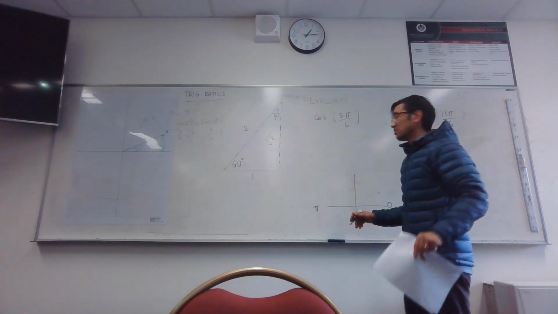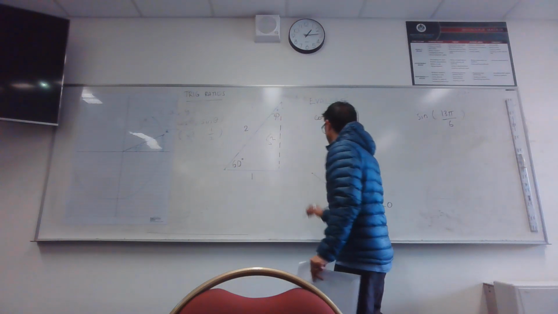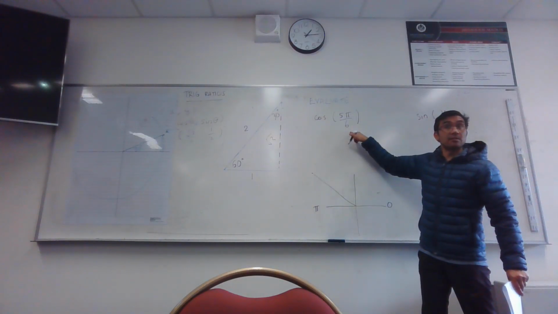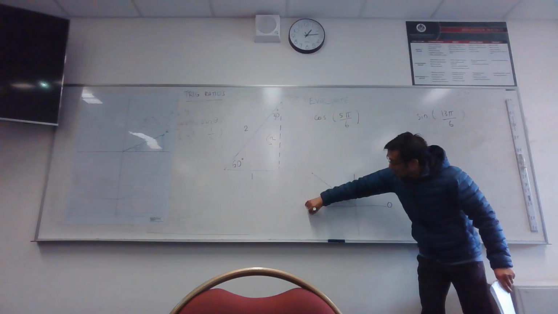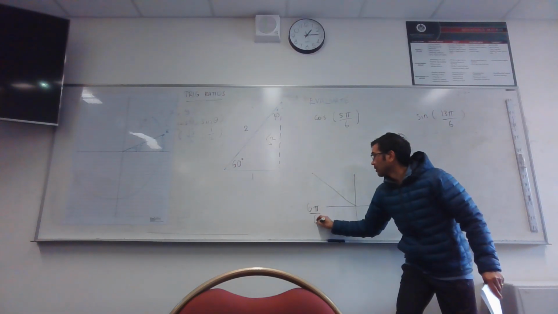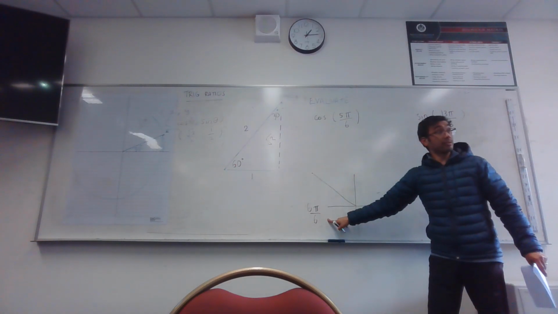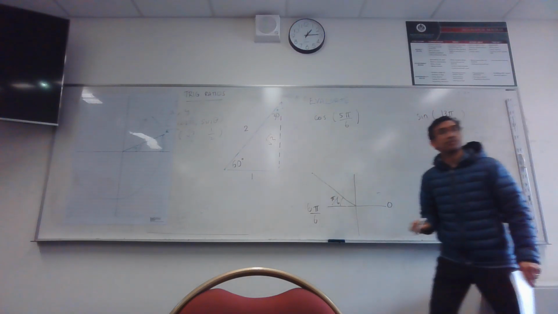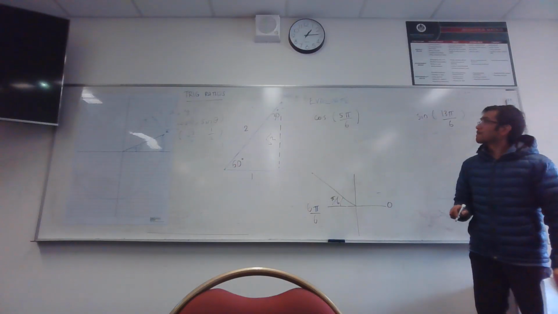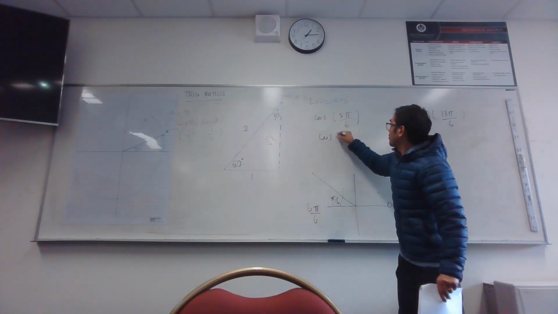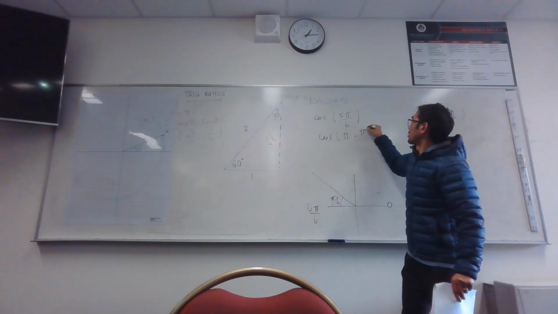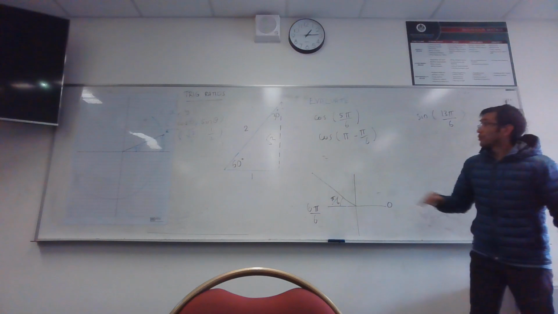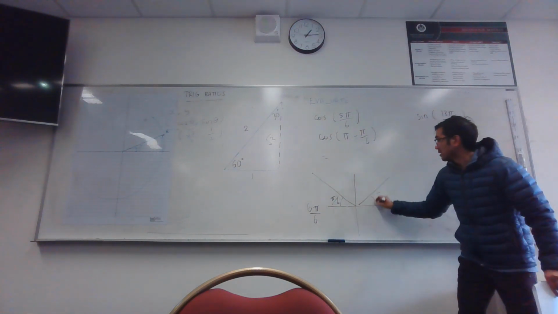Can anyone explain why Tim said 2? 5 pi on 6 is just less than pi. 6 pi's on 6, we go back 1 pi on 6. So our reference is pi, take away pi on 6. So it's a version of our home base of pi on 6.